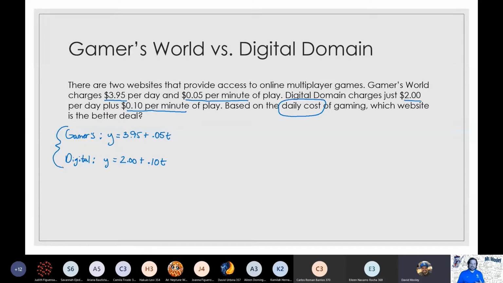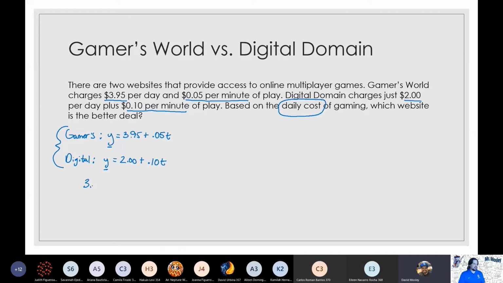Now, to solve the system, we have a couple strategies. We can look at the graph, which we don't have yet. We'll look at that shortly. Or we can just find out where the two equations are equal, which is similar to what we saw in the previous problem. I can just set these two things equal to each other. They're both equal to y.